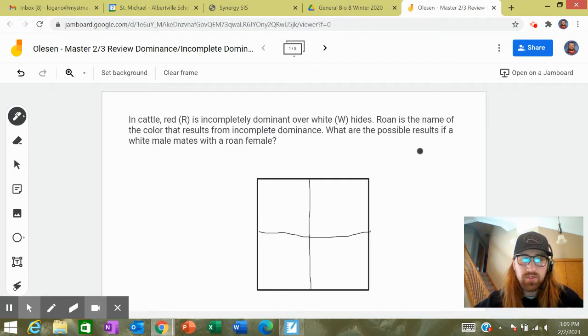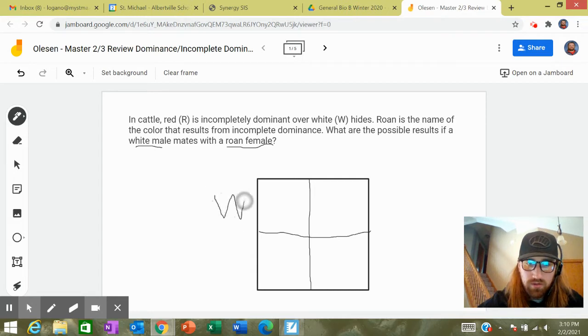It says, what are the possible results of a white male? So we have a white male. We also have a roan female. What happens if they actually reproduce? So the white male, we know, has to be homozygous white. So that is going to be his genotype.